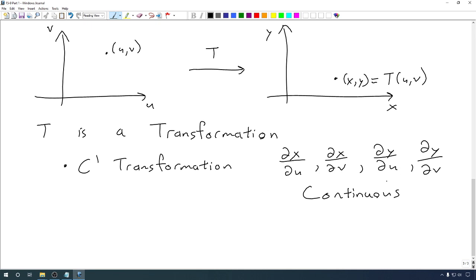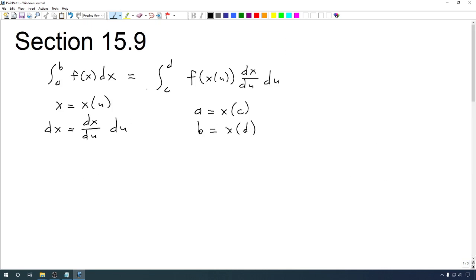It's technically there, but we generally don't have to draw too much attention to it. The main thing is that if we don't have derivatives, none of these formulas are going to work, because the formulas are going to involve derivatives. Just like how when we worked with substitution back here on the first page, we definitely need to be able to differentiate x with respect to u, or else none of this makes any sense.